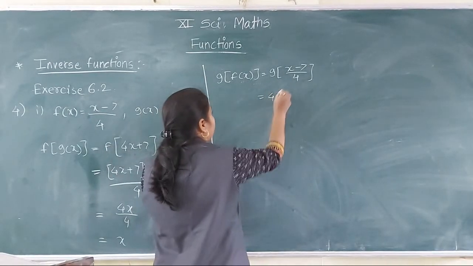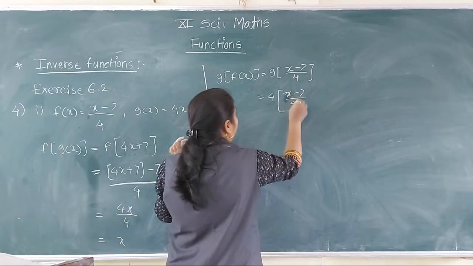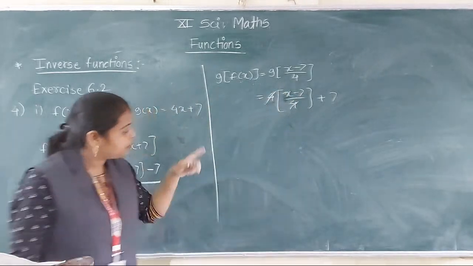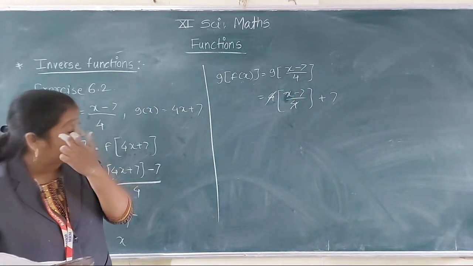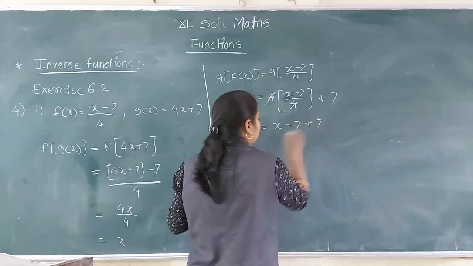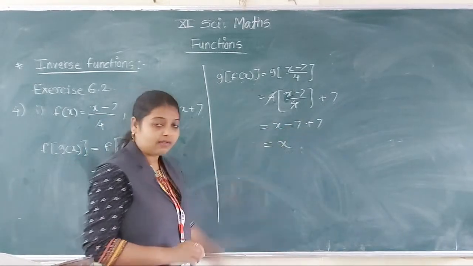So 4 into x minus 7 upon 4 plus 7. The multiply and divide by 4 get cancelled. x minus 7 plus 7, so plus 7 minus 7 cancel again.